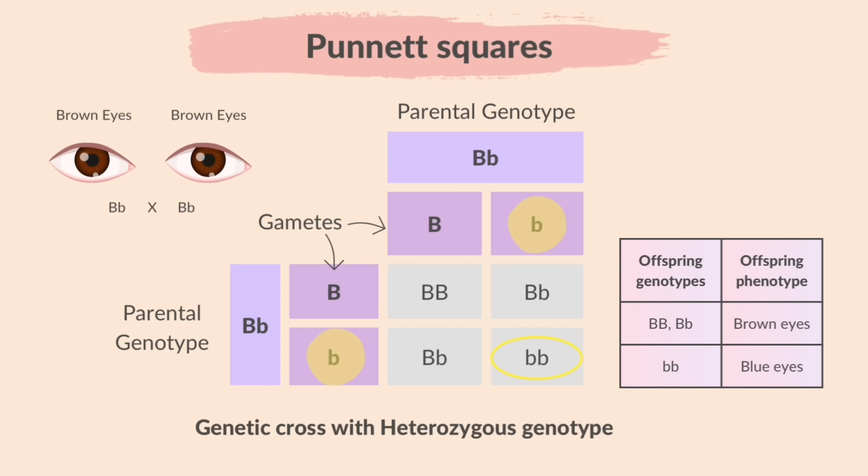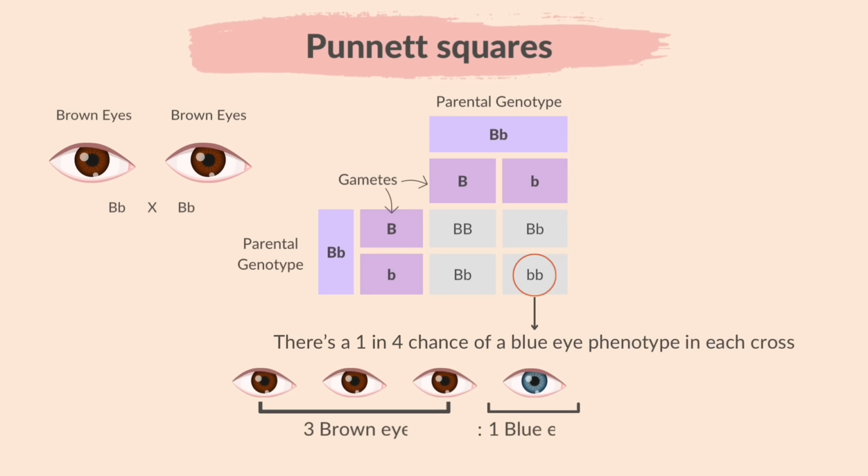And here we will have small b, small b, a homozygous blue-eyed offspring. So in this cross, there is a 3:1 ratio of brown eyes to blue eyes, meaning each offspring has a 75% chance of having brown eyes and a 25% chance of having blue eyes.